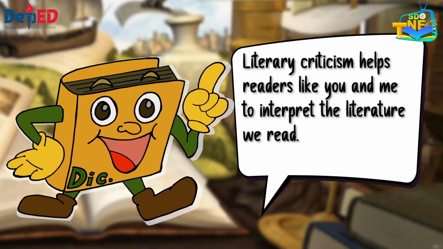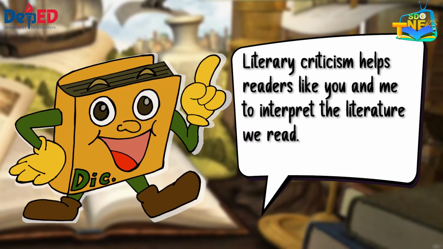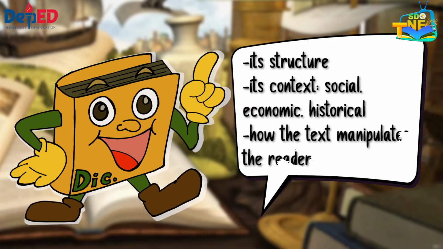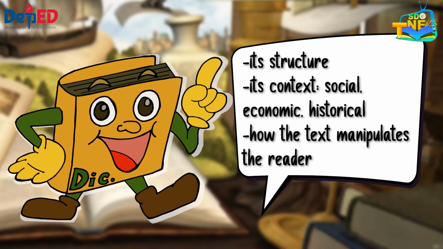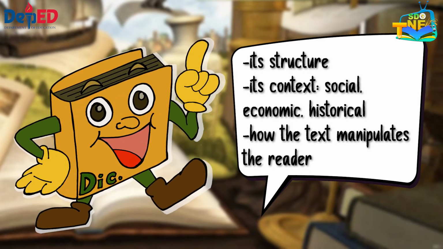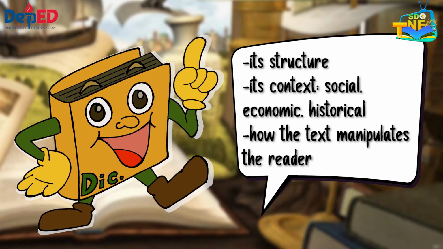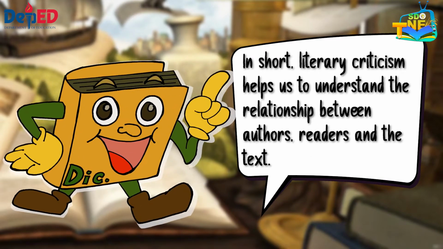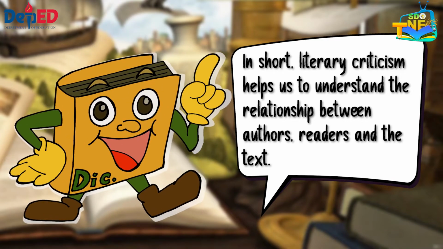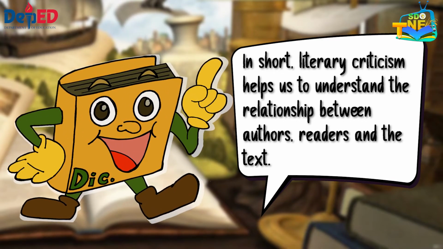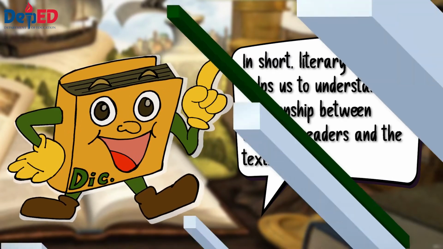Literary criticism helps readers like you and me to interpret the literature we read, its structure, its context, whether it is social, economic, or historical, and how the text manipulates the reader. In short, literary criticism helps us to understand the relationship between authors, readers, and the text.